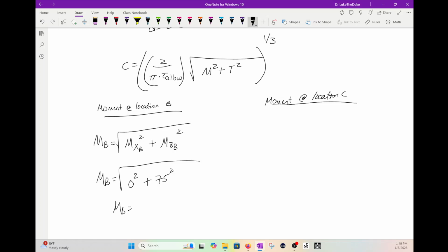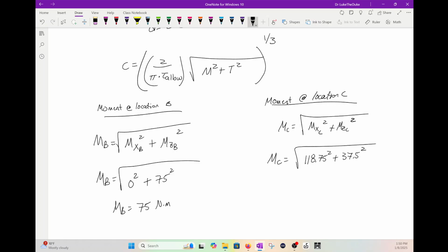So this becomes 75 newton meters. Over here, it's Mx at C squared plus Mz at C squared, and this is actually the z direction. MC becomes the square root of 118.75 squared plus 37.5 squared, and you get the moment to be 124.5 newton meters.